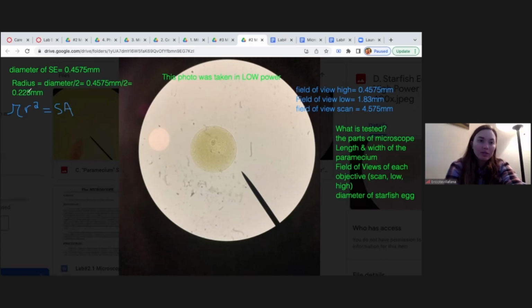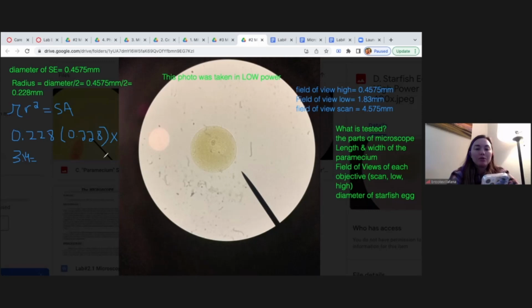Okay, so I'm going to take that radius, 0.228. And when you square something, that just means you multiply it by itself. So we multiply that by 0.228. Remember, this is not on your test. We're just doing this for your packet. And then we multiply that by 3.14, which is pi, and that gives us the surface area of the circle.